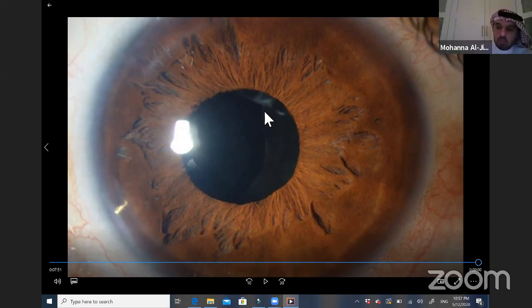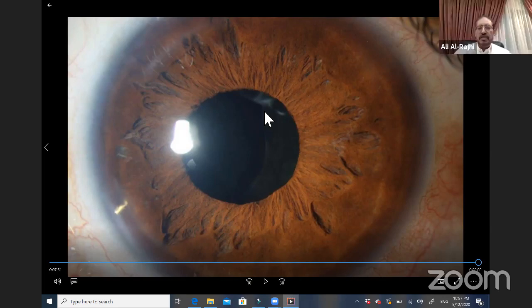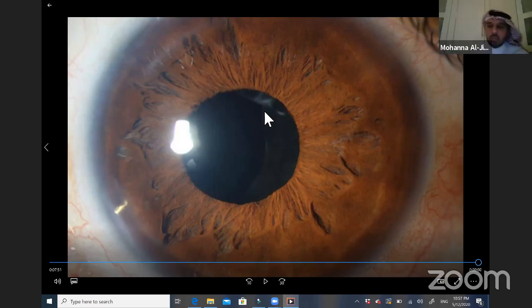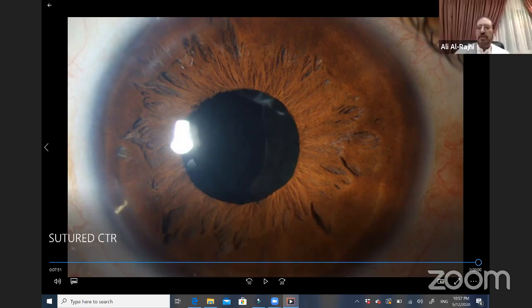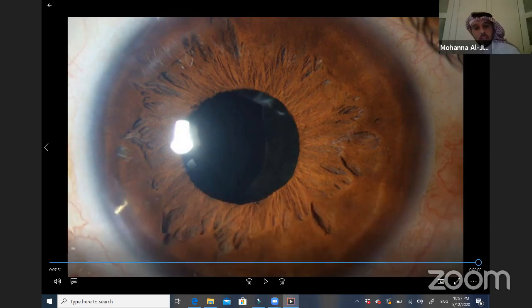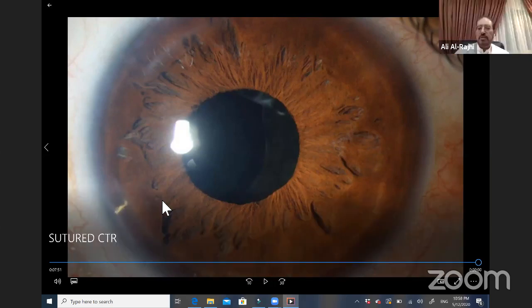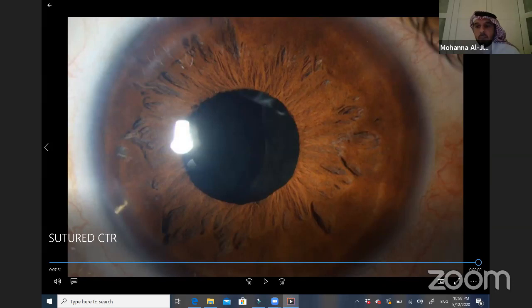Same side. And the vitreous that came from zonular dialysis in that area? The subincisional. So you have zonular dialysis in that area, correct? Yes, at that area here. Did you do CTR? Yes, I injected CTR. Okay.